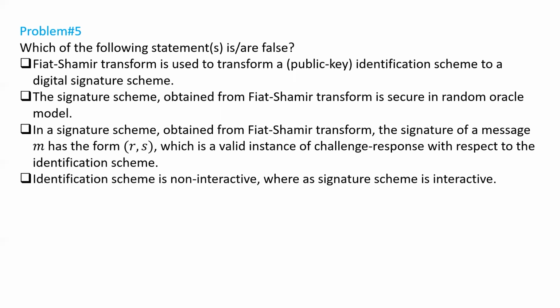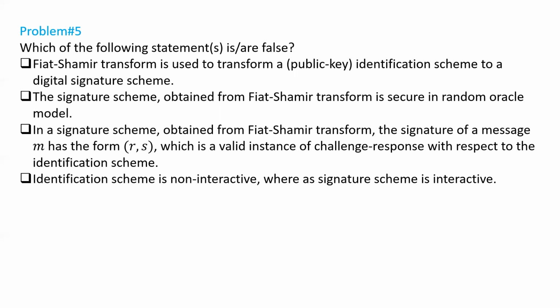Okay, so the identification scheme is actually interactive. The identification scheme has this commitment, challenge, response, all these things going on between the prover and the verifier. But in the case of the signature scheme, all these commitment, challenge, response things are closed on the signer side only. The signer itself imitates the role of both prover and verifier and finally comes up with this whole R, S thing.